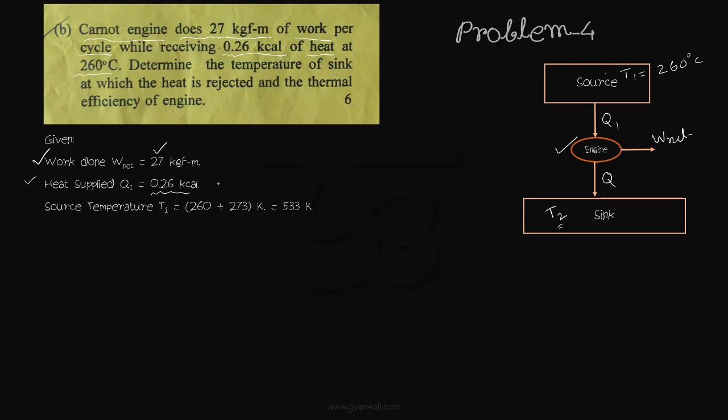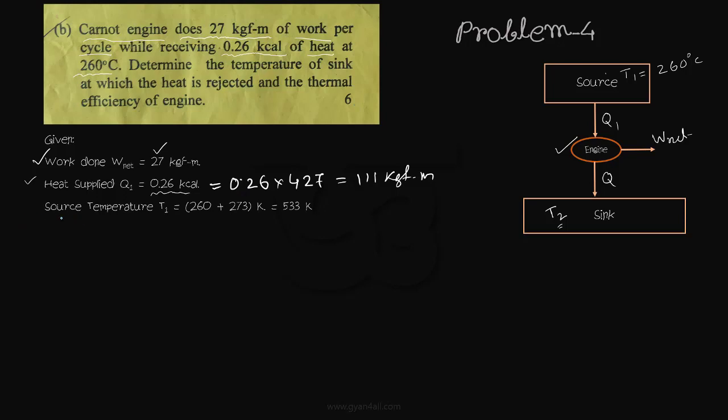If we convert this kilocalorie to kg force meter, it will be 0.26 multiplied by 427, the conversion factor. It will be approximately equal to 111 kg force meter. So this is the amount of heat supplied.